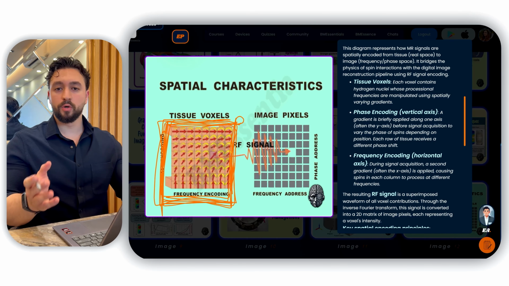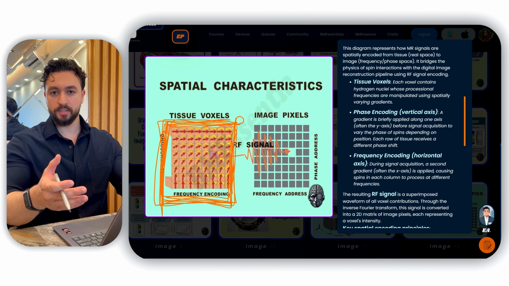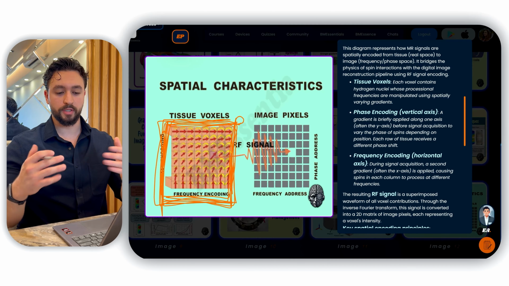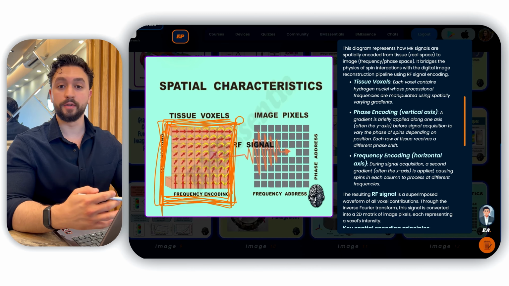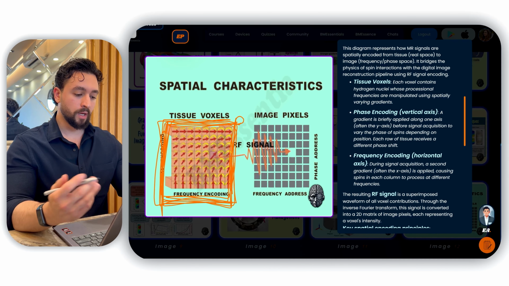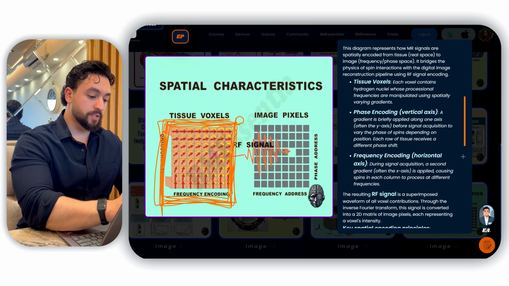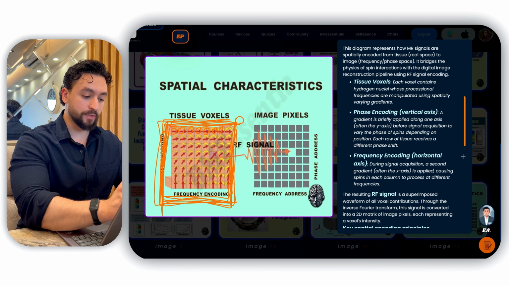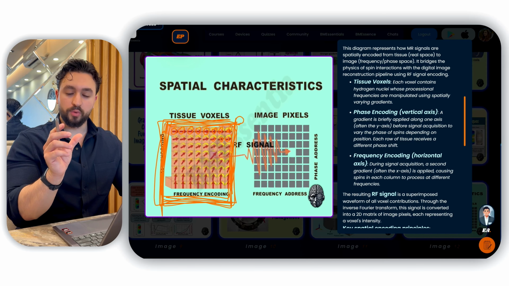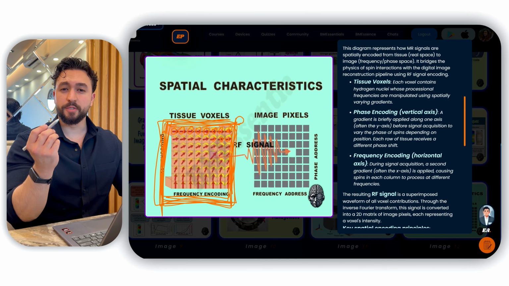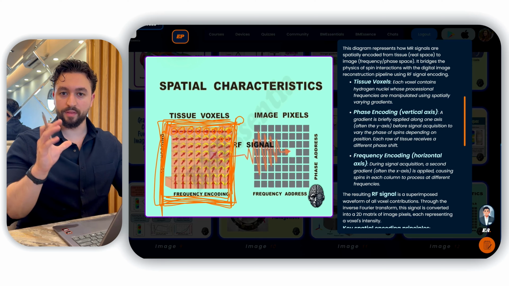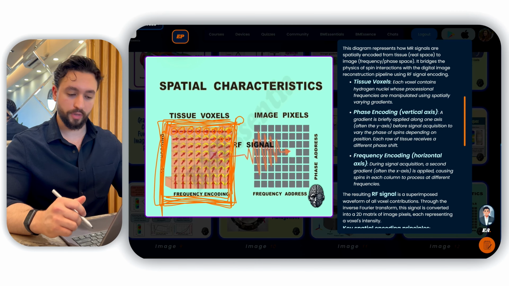Now, we're not just going to be applying RF pulses and then getting signals and then seeing the image. It is a lot deeper and more nuanced than that. And this is where the gradient coils actually come in. For every single little precessing spinning top or magnet or proton, as we said, it has a specific frequency, it has a specific phase encoding, it has a specific location within the body or within the area that we're imaging.